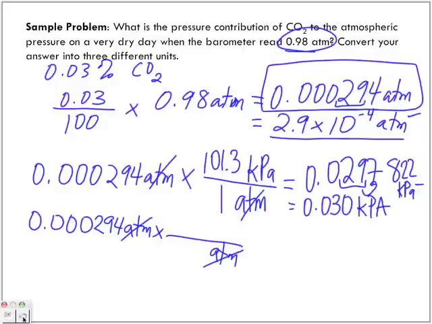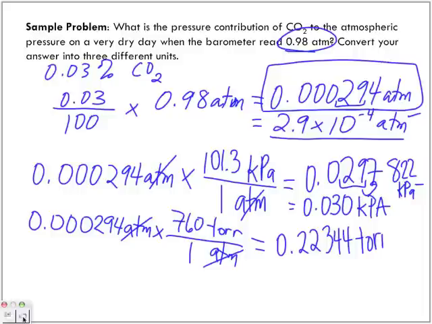We know that one atmosphere is equivalent to 760 torr. So if we multiply these together, our answer will be 0.22344 torr. And again, we want two significant digits, so the answer is 0.22 torr.